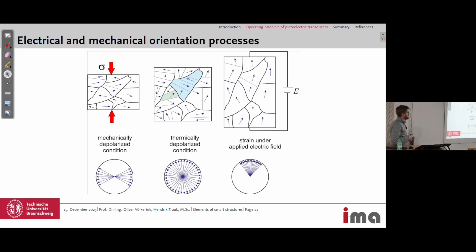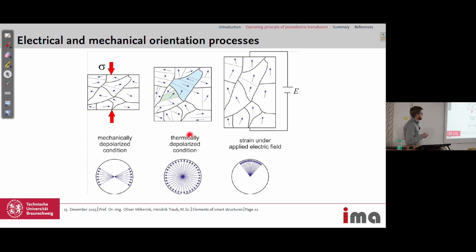So we can also depolarize the piezoceramic. It could be depolarized due to a mechanical stress. Then the depolarized condition looks most of the time like we have some domains oriented in one direction and some in the opposite direction, but they will cancel each other out, so we have no macroscopic polarization.